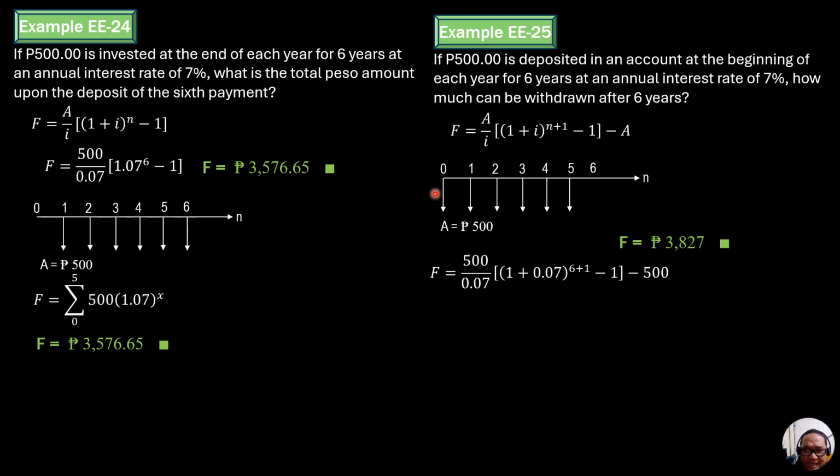So because this is annuity due, then remember from here, summation notation 500 times 1.07 raised to x, and it should begin at 0 plus 1 because there is a value here, and it should end at 5 plus 1, which is 6. So summation from 1 to 6 of 500 times 1.07 raised to x. And using your calculator, it will give us the same answer of 3,827 pesos.